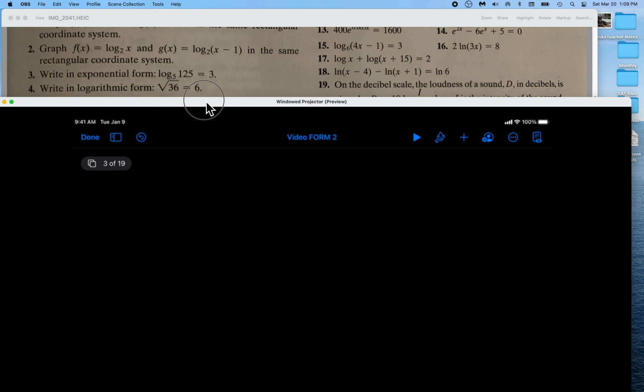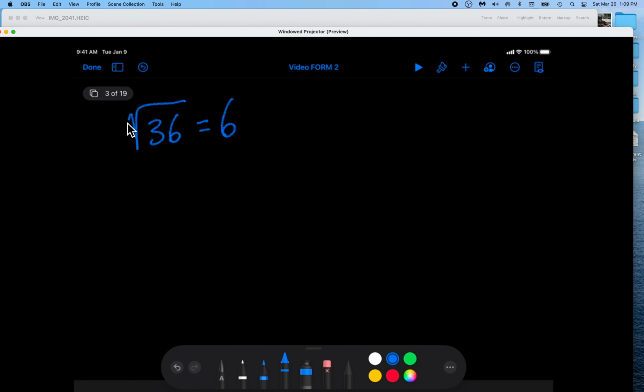Number 3. They want us to write that in logarithmic form. So we have the principal root of 36 equals 6. Whenever you see roots, square roots, radicals during this chapter, during this section, immediately switch it to the fractional exponent. It'll make your life so much easier. Okay, so this is an exponential form.